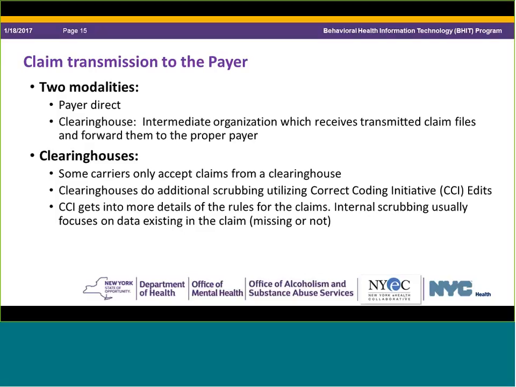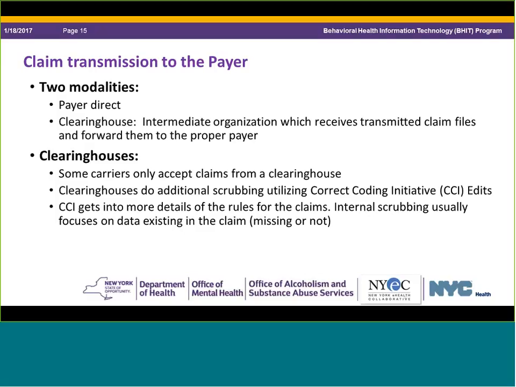There are certain rules about what codes can go out. So CCI editing will give an internal scrubbing which focuses on the data existing on the claim, whether it's missing or not. Okay, so in other words, this CCI is basically just to avoid rejections.